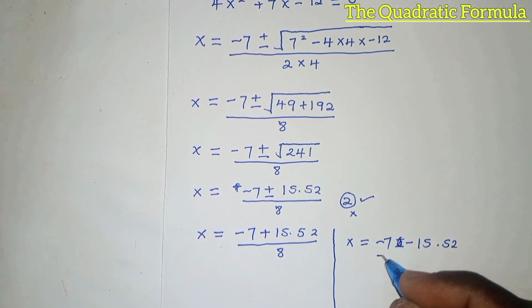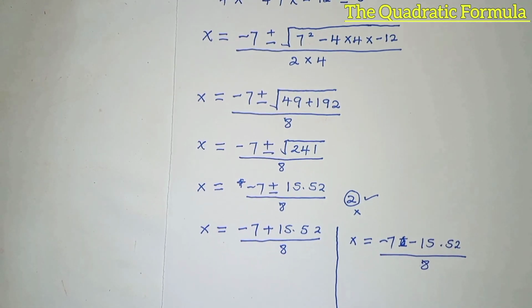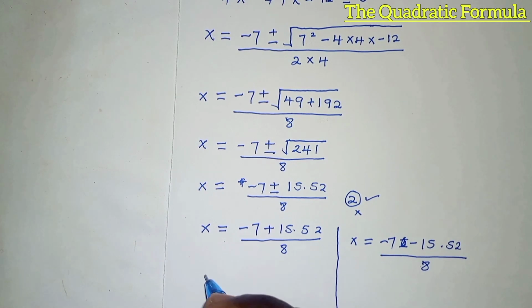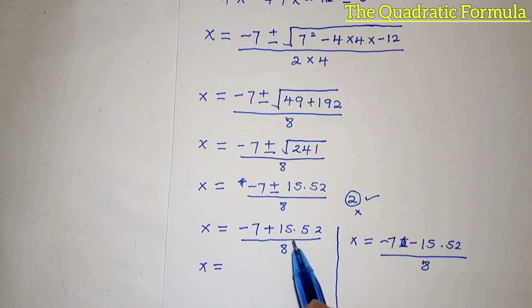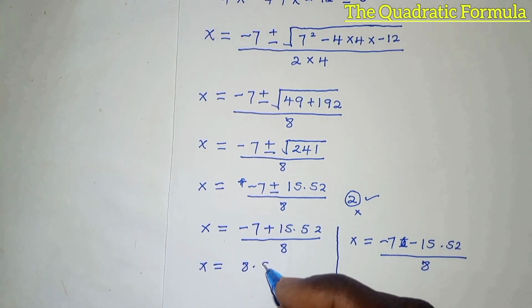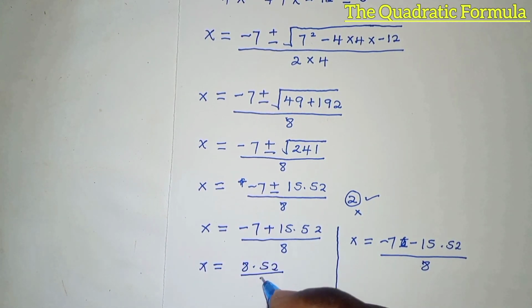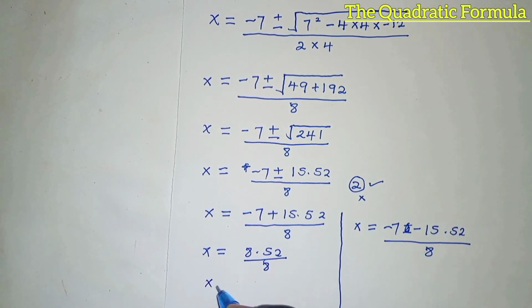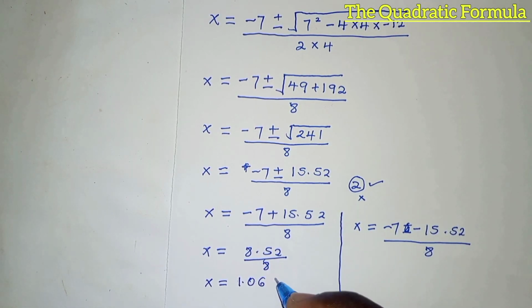Minus 15.52, then over 8. So the first value of x is equal to negative 7 plus 15.52, the answer is 8.52, over 8. So take your calculator and divide 8.52 by 8. The first value of x should be 1.065.